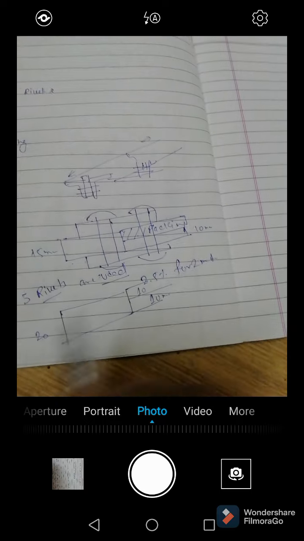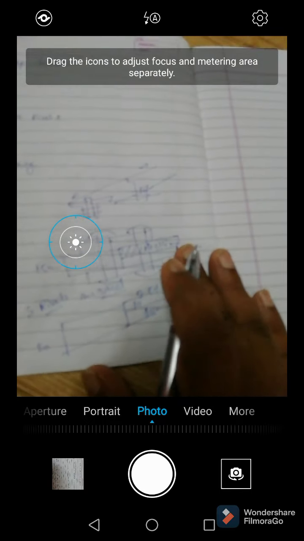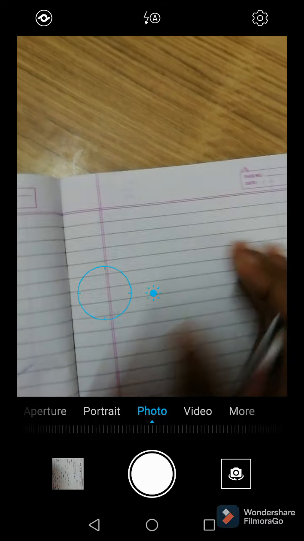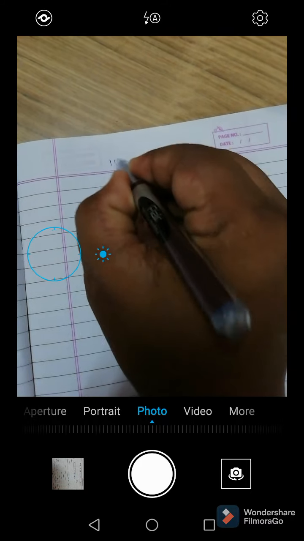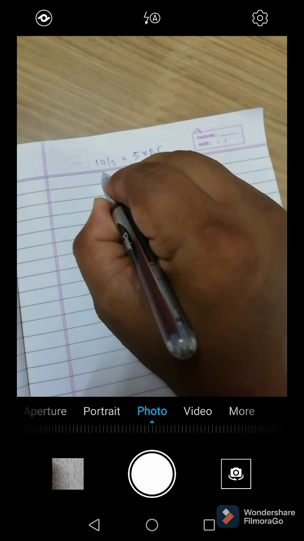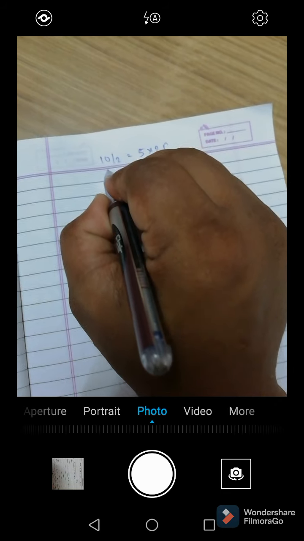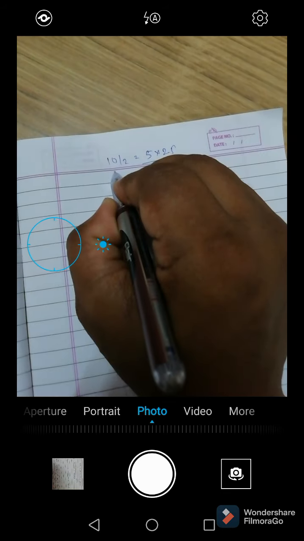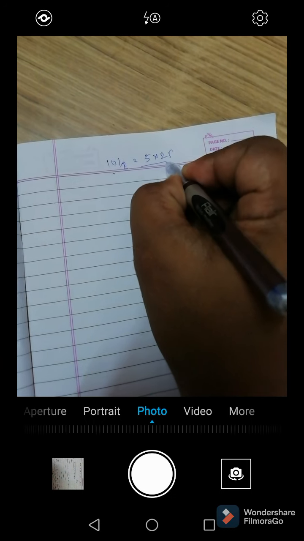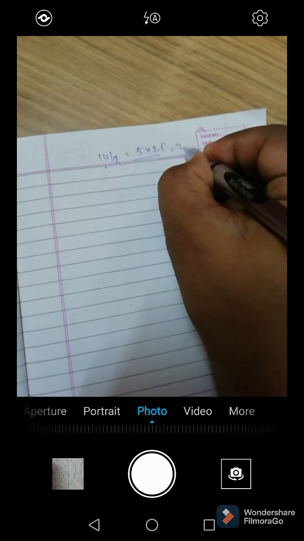So for 10 mm packing, how many rivets are required for the packing? It is 10 by 2, that is 5, into 2.5. This is 10 by 2, that is the thickness of packing by 2, because we find the percentage per 2 mm. So here this is 7.5%.